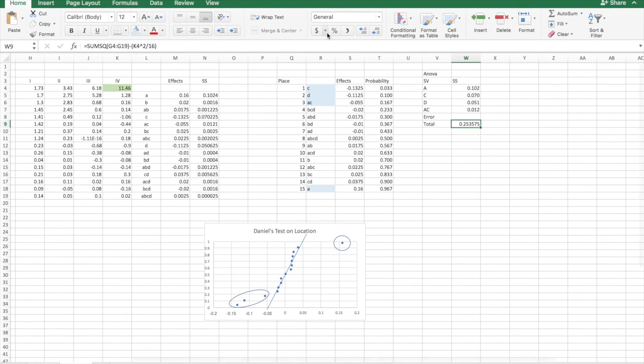And now we have to calculate the sum of squares of the error, which is this one minus this, and so on.